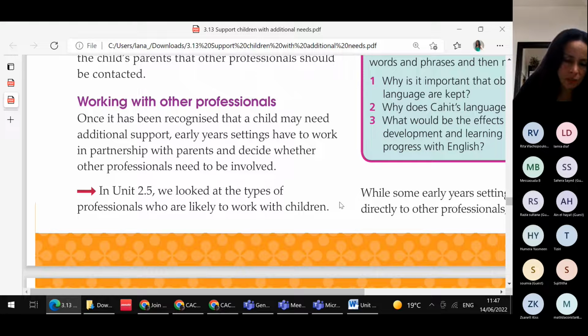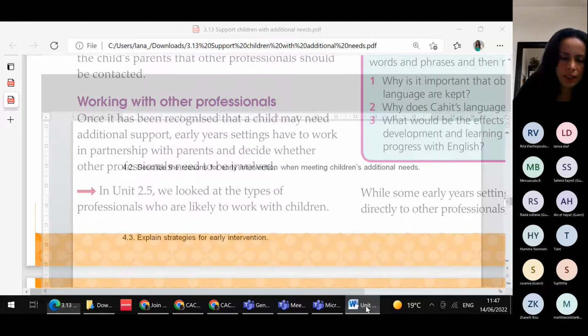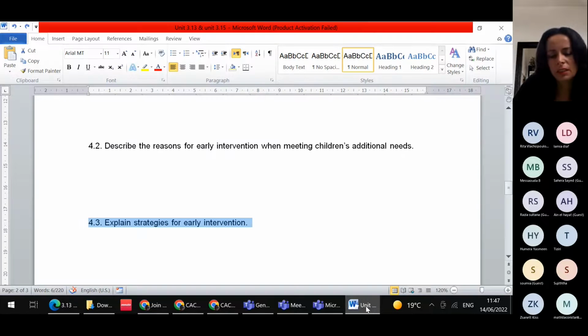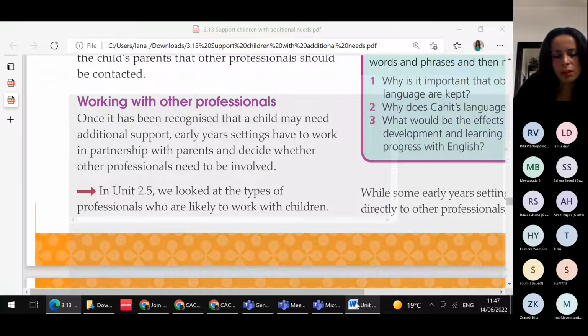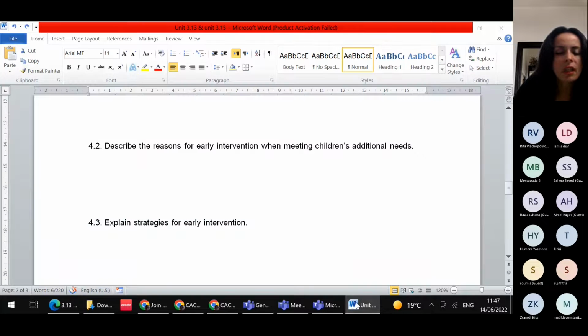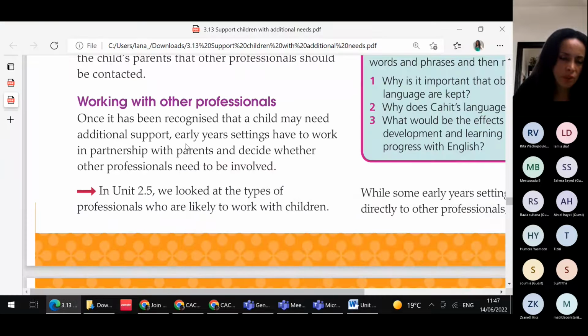Also, another thing is the strategies we use for early intervention, which is working with other professionals. So not only monitoring, not only observing, we need to work with other professionals.